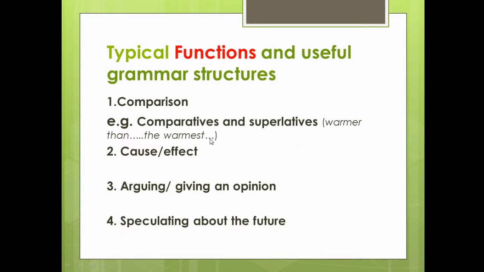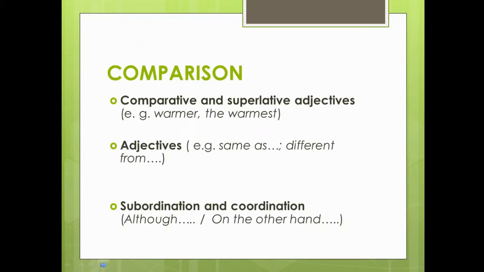Warmer than, the warmest, bigger than, the smallest, greater than, etc. And of course, you're going to have to do the same for each of those major types of function: cause and effect, giving opinions, and speculating about the future. So I'll just introduce one or two grammar structures that you can use to do those types of jobs.